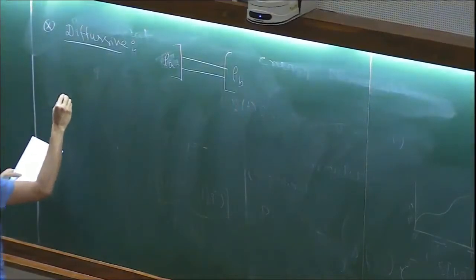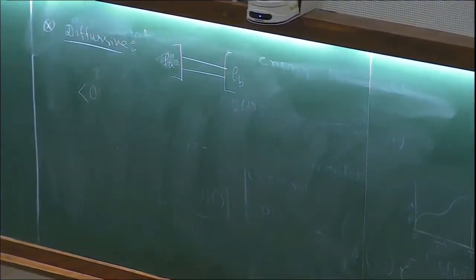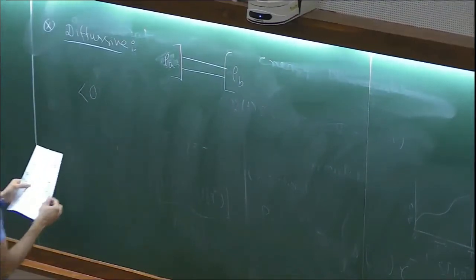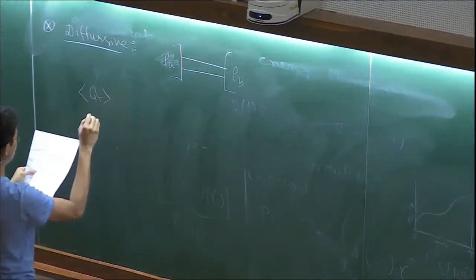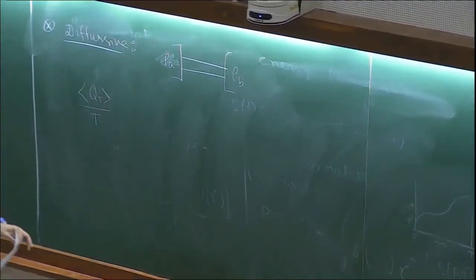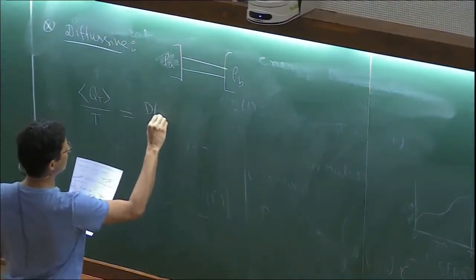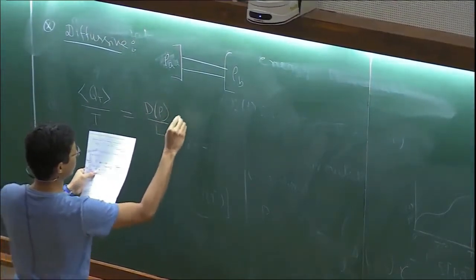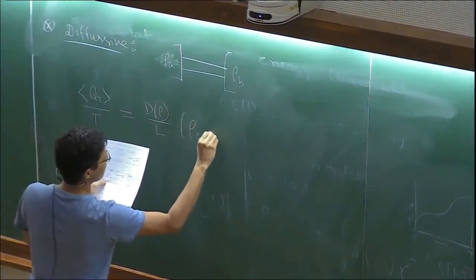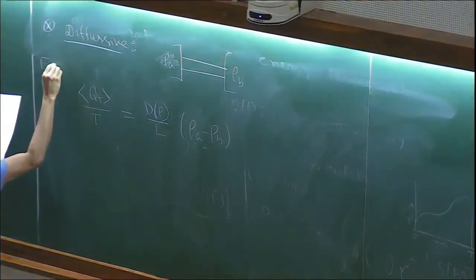Then I'm looking at systems where diffusion is the main transport mechanism. One quantity which reflects that is the net flow of particles up to time t, which would go as rho T by L, rho A minus rho B. This is called Fick's law.